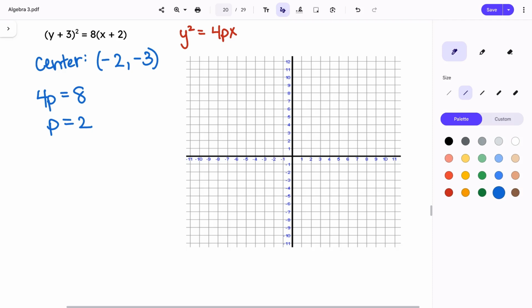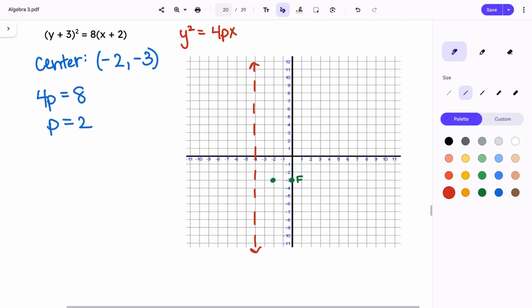So I'm going to graph my center at (-2, -3). I'm going to go right 2 for my focus. And then I'm going to go left 2 and draw my directrix in. Okay, what do I do to my p-value to get other points on my parabola?